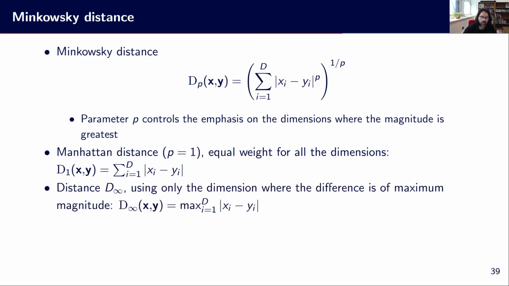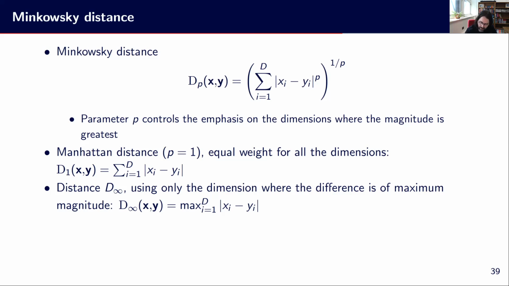This corresponds to the Minkowski with p equal to 1. We also have another one, which is called the D infinity. This uses only the dimension where the difference is the maximum. We don't care about the other dimensions, in the sense that we look at the distance for each dimension individually, and we keep the maximum one.